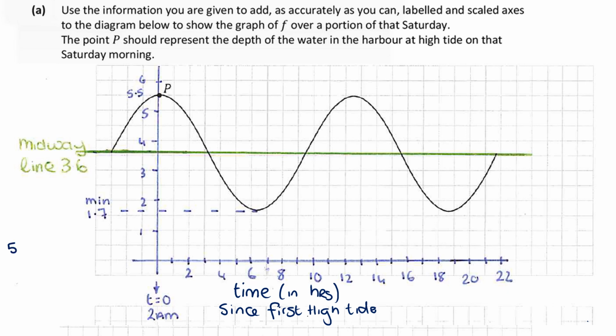If we add 5.5 and 1.7, we get 7.2, and we then divide that by 2 to get 3.6. So it's like an averaging, and that will give us exactly where the midway line needs to be, which is 3.6. We can see it drawn in there. In this question, they started and ended the graph at the midway line, but we can't say for sure that that will always be the case.